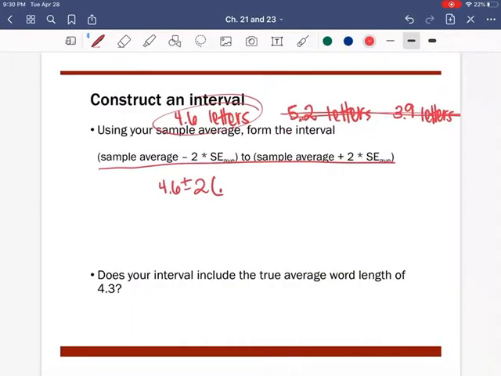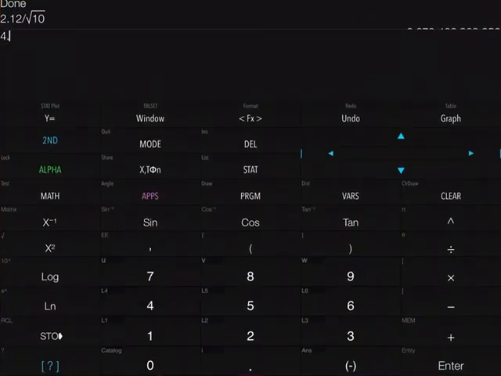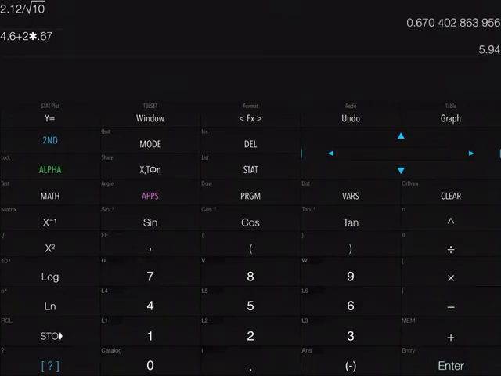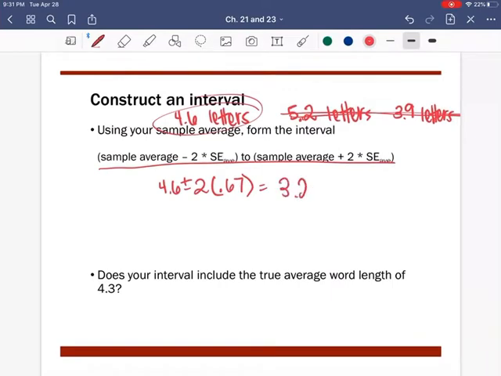And we got a standard error of 0.67. So that's going to be 5.94 and 3.26.